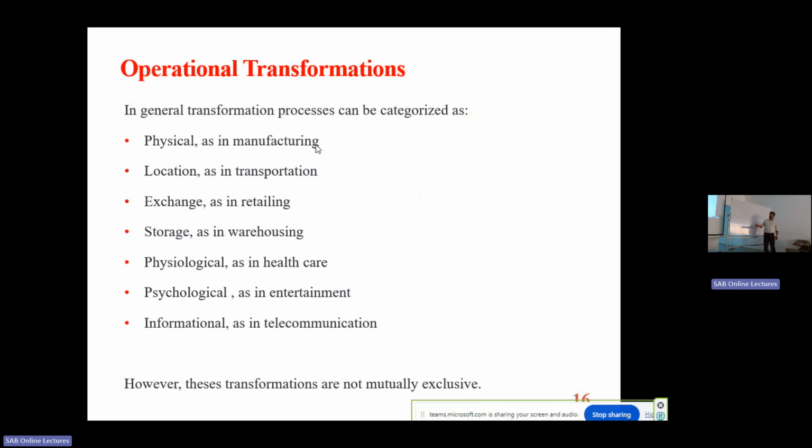Some operation systems have storage transformations. Storage, in the sense that through the operations, they provide space. In this case, this is physical space, like warehouses. Have you been to a warehouse? Sometimes factories have warehouses, sometimes different businesses provide warehouse facilities. So what is their transformation? Storage. They have built warehouses, and have the technology and the staff to store products, retrieve products and deliver.